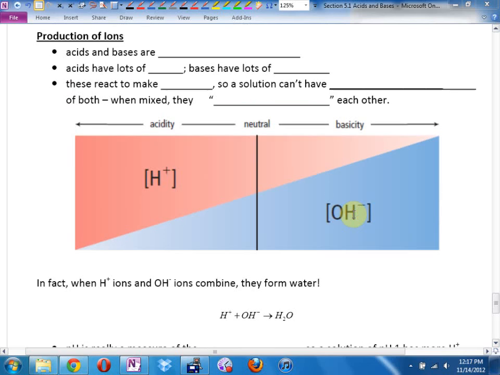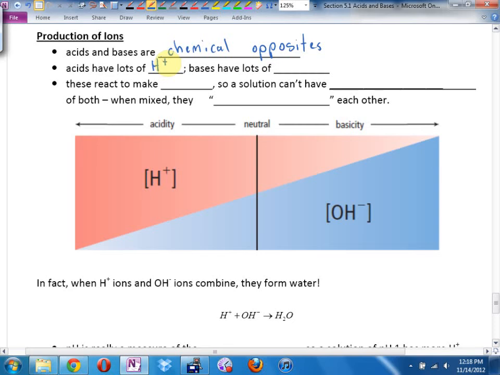So, acids and bases are chemical opposites. It's sort of like black and white. Acids have a whole bunch of hydrogen ions, H plus.